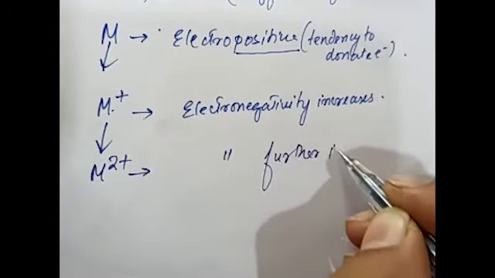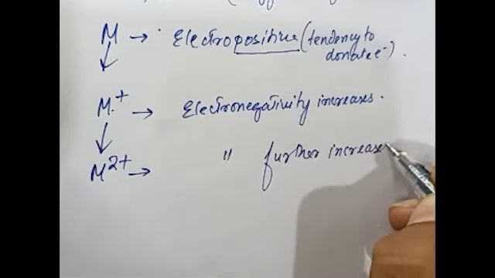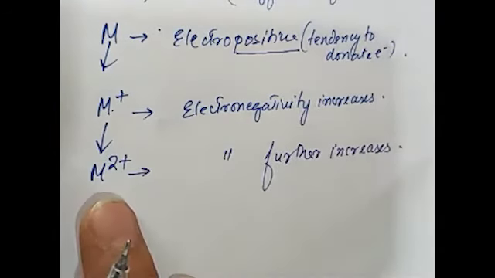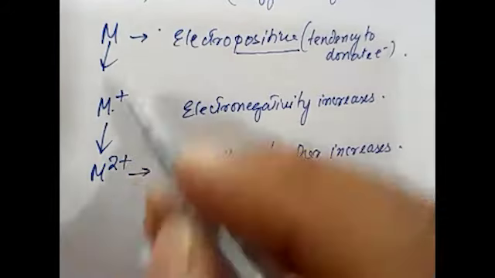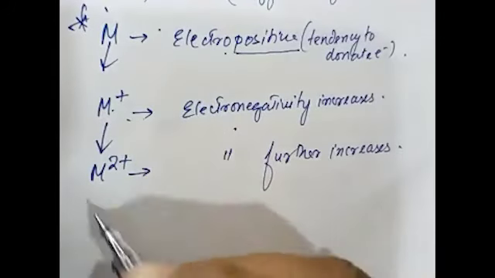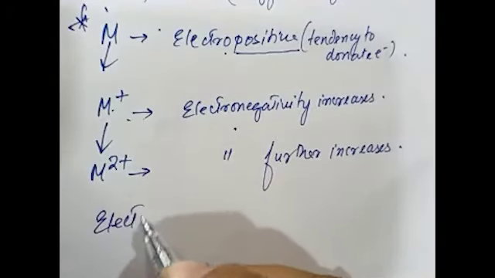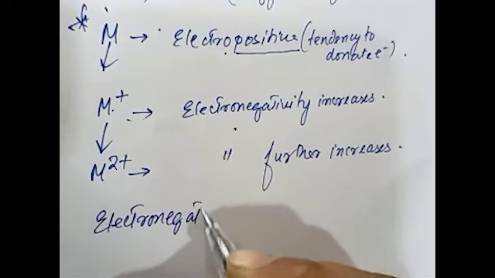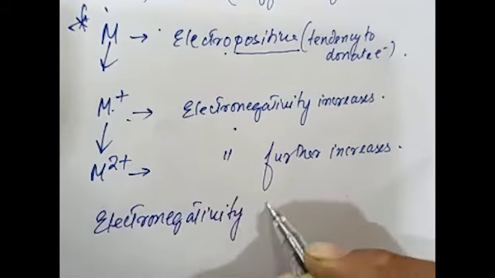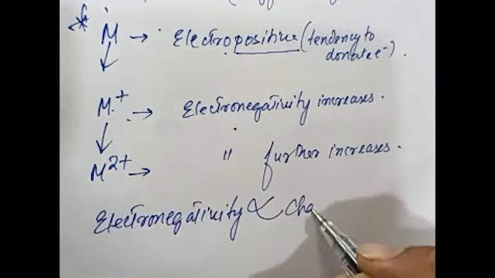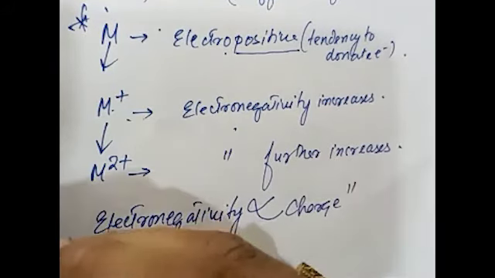So as the electron density goes down, as you lose electrons and the charge increases, electronegativity keeps going up. Okay, fine, understandable. So this is one important fact, how electronegativity varies with charge.